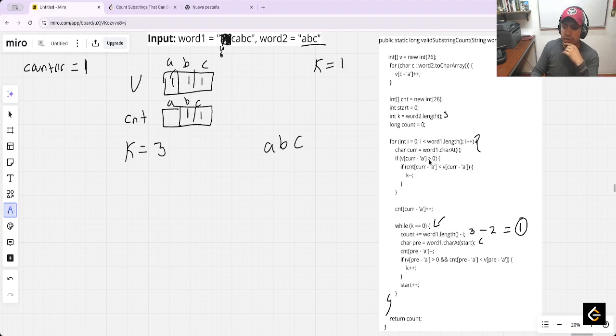Previously I was reducing, and now I am increasing, and basically move to the next. Well, no, move to the next stops, because now K is equal to 1 and it breaks this, and start is 1. Okay, now this is covered.